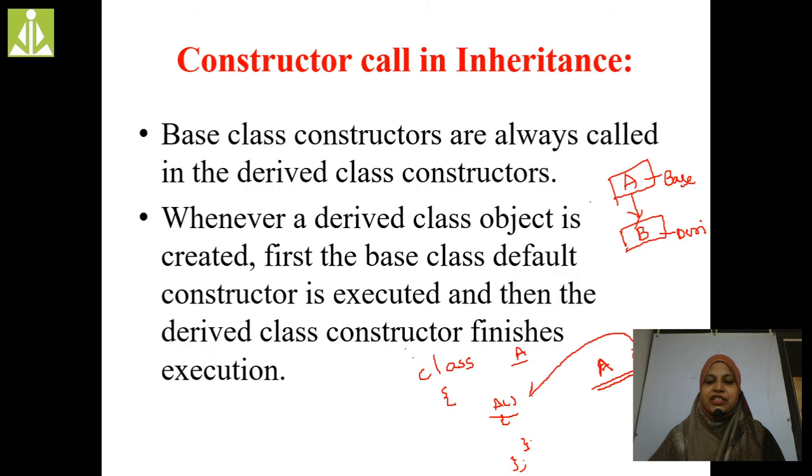No need to call it like obj.a. A constructor is just like a method, but whenever the object is created, that constructor is automatically invoked, right? Up to here you know this.